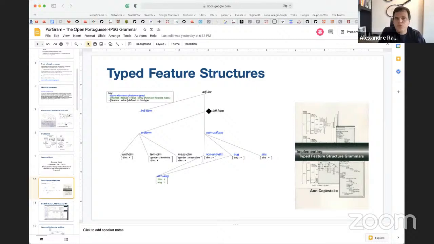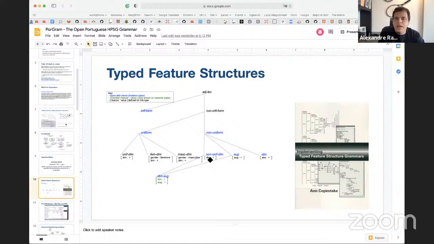So we have the notion of hierarchy, and so we have things like, for example, in our grammar, the hierarchy of adjectives, a model driven by the morphology of the adjectives. In the case of adjectives, you have uniform, non-uniform, inflection ones, non-inflection ones, and then we can derive all the feminines and diminutives.